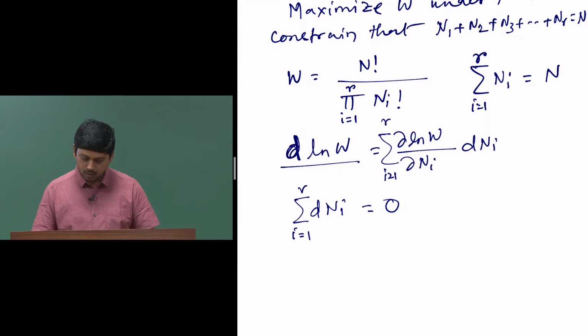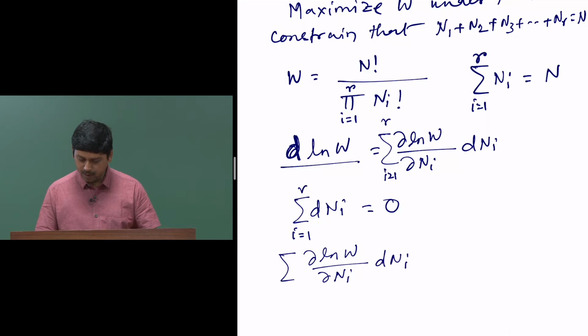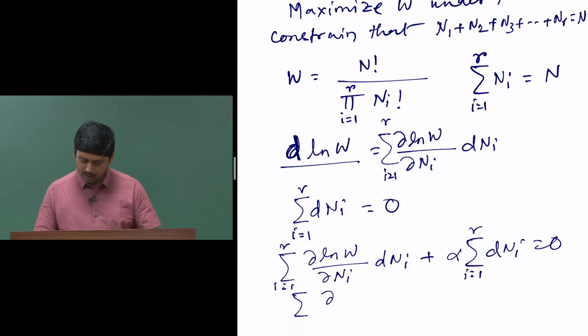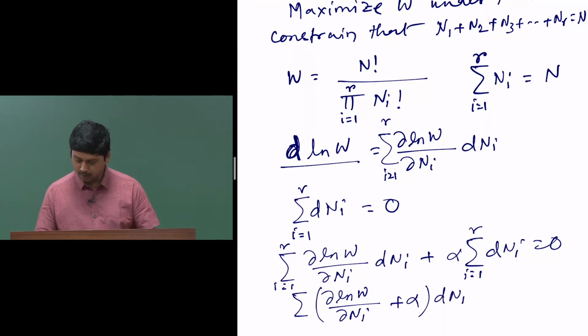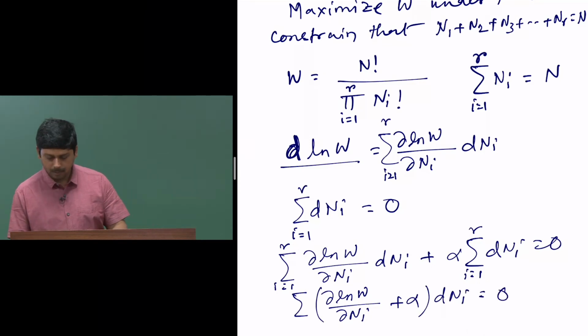So, now the quantity that you have to satisfy is the sum over i, from 1 to R, of ∂ln W/∂n_i dn_i plus alpha dn_i, which is going to be 0.